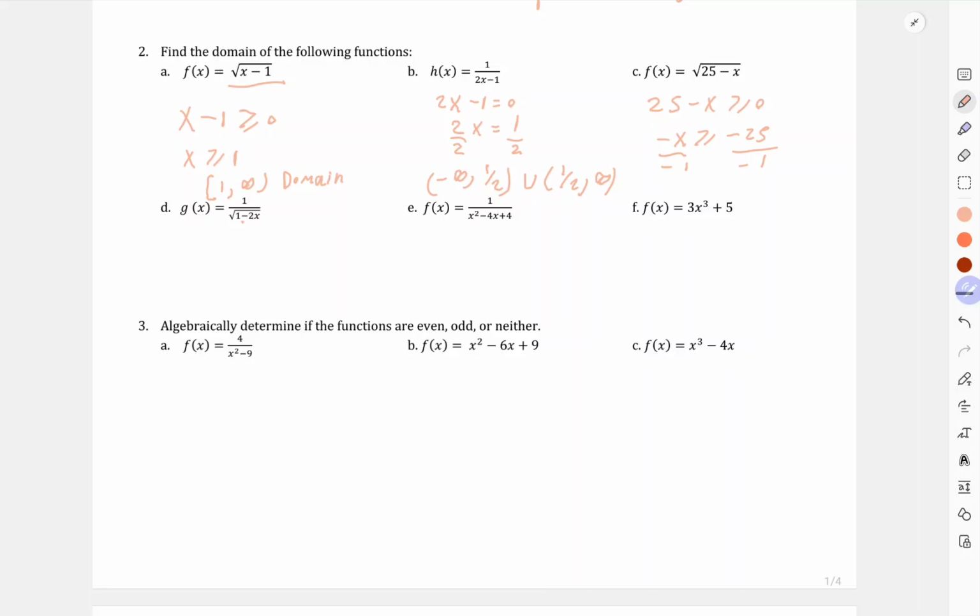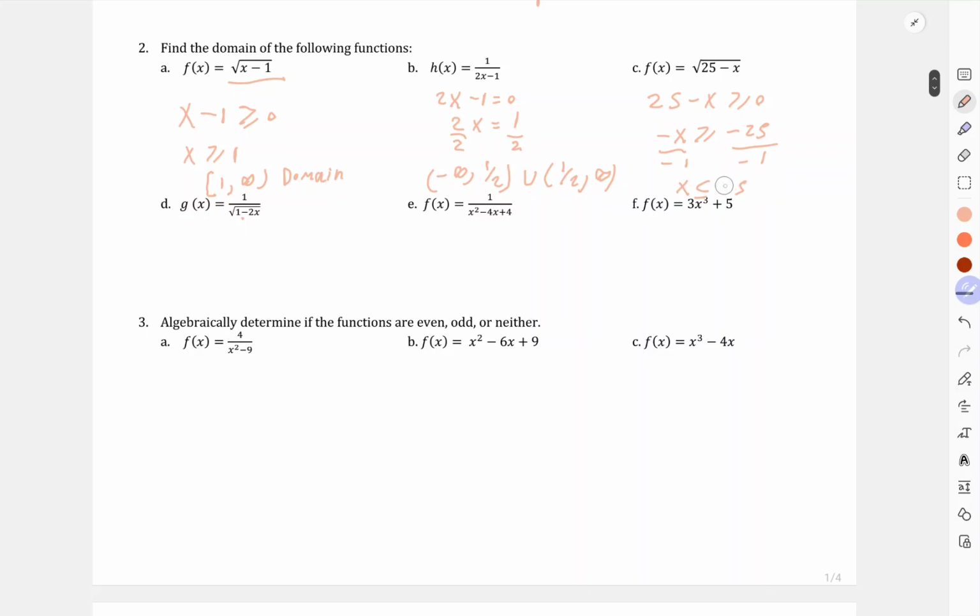So now you have x is less than or equal to 25. What that tells you is that negative infinity, so all numbers less than 25, to 25. And 25 is included, so you put a bracket instead of a parentheses.